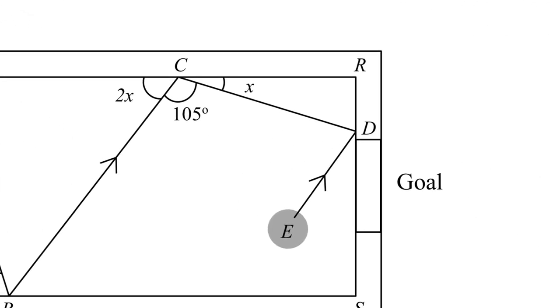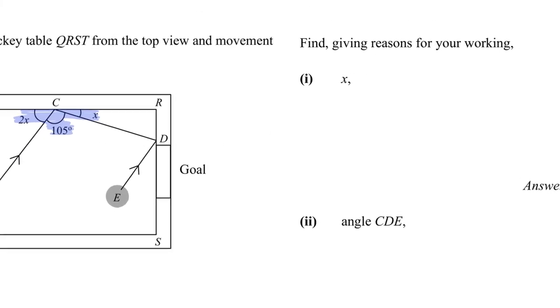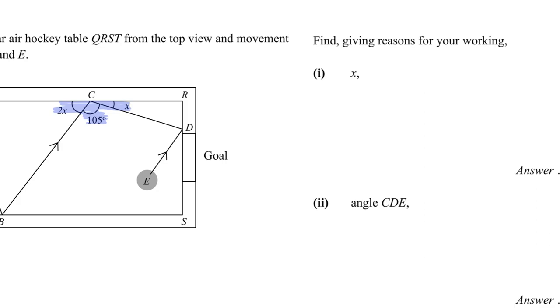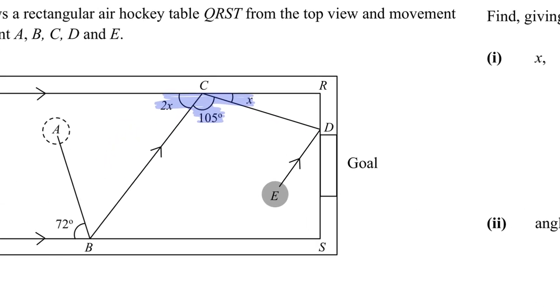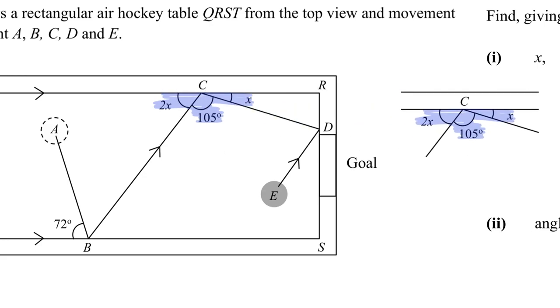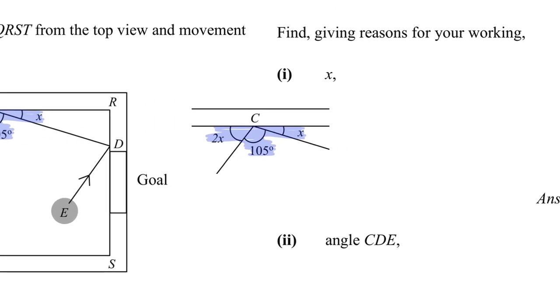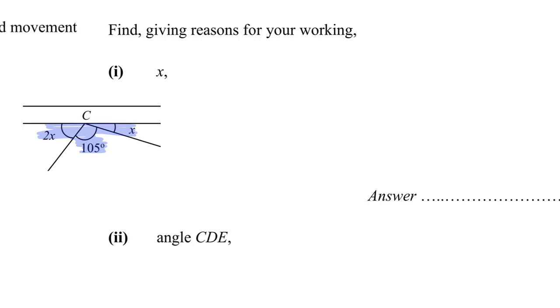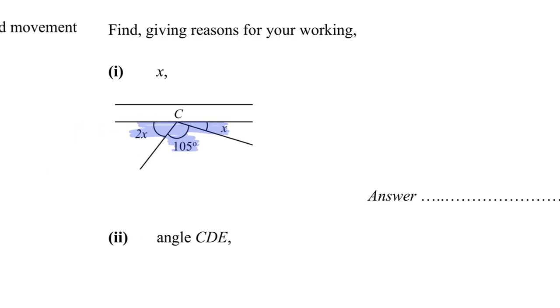I'm going to zoom in here. Basically, for these 3 angles, they add up to 180 degrees. And therefore, for this particular segment here, I'm going to cut it out so that we can focus on this portion for our x.